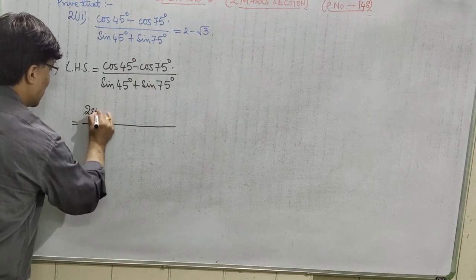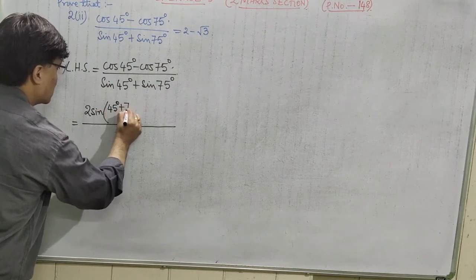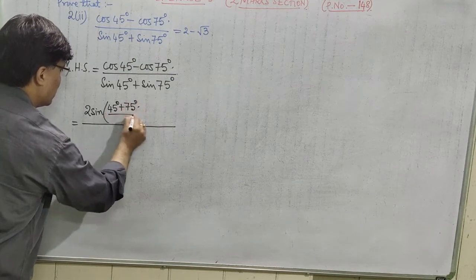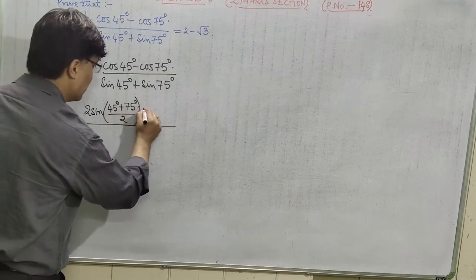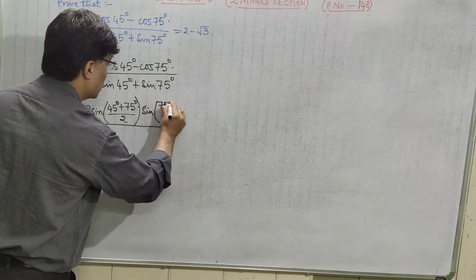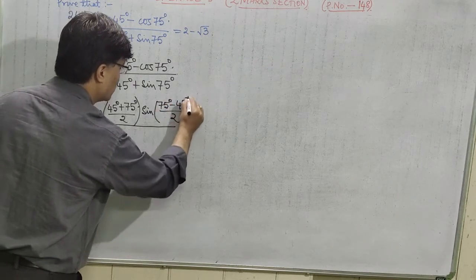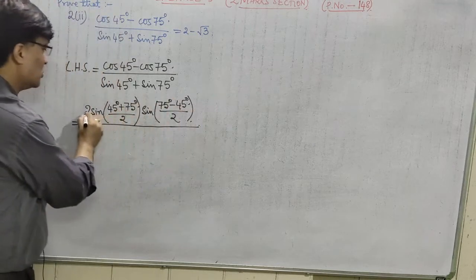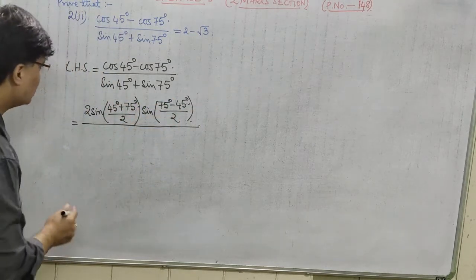Formula is 2 sine of C plus D by 2, that is 45 plus 75 divided by 2, then sine of D minus C by 2, 75 minus 45 degree divided by 2.